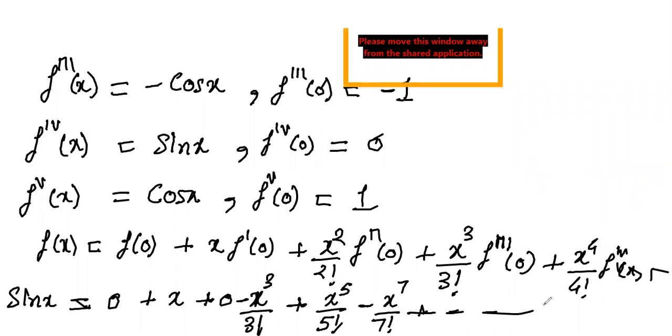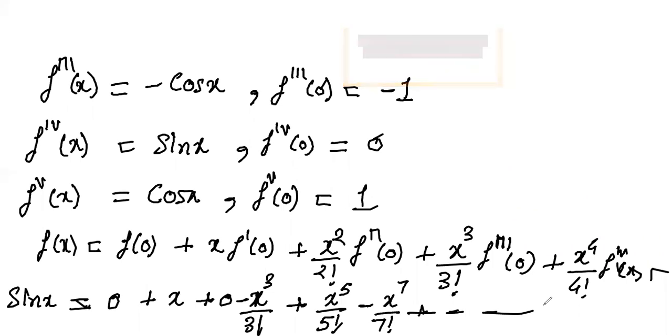So sin x has only odd multiples of x. That's why sin x is also called an odd function. I am moving ahead.